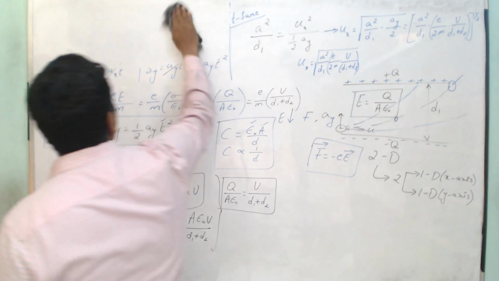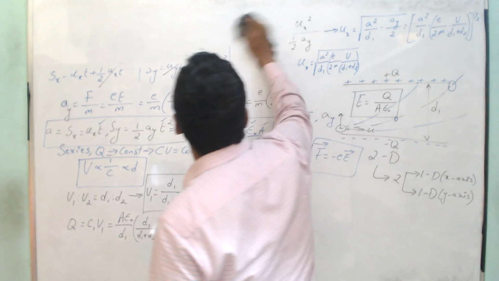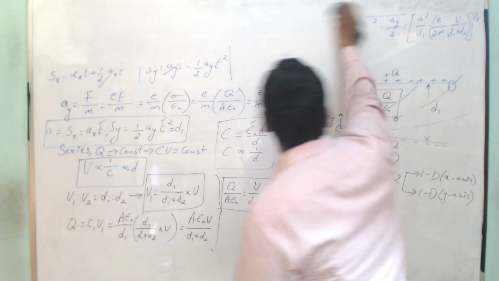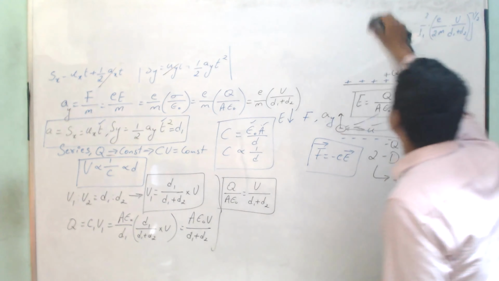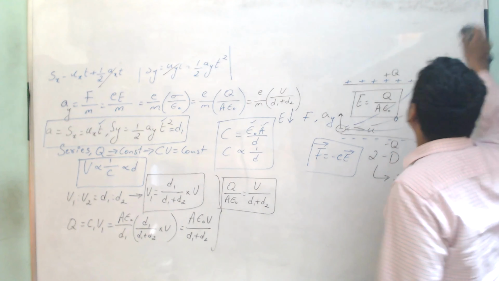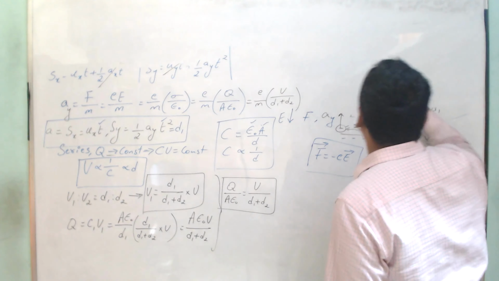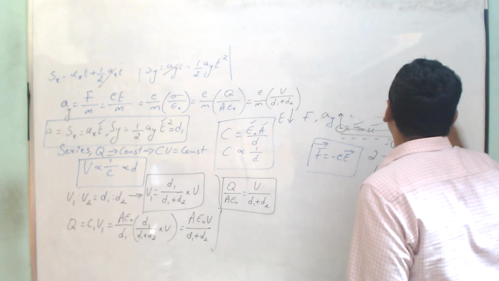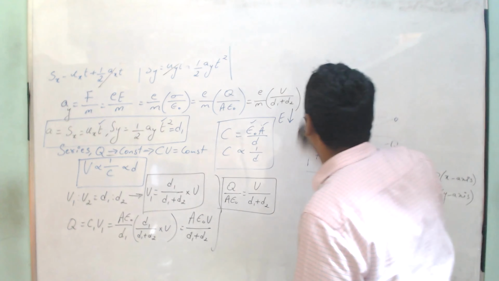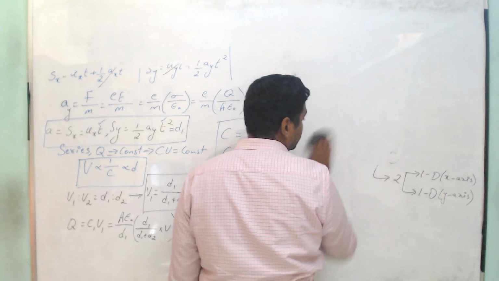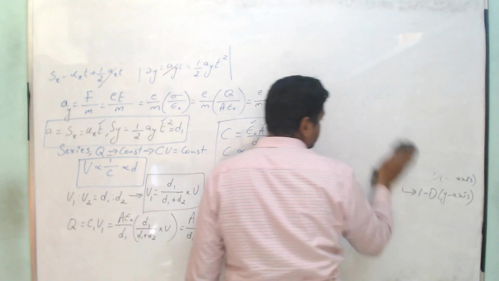But what we are telling is nothing but the distance between two capacitor plates. So what is the story he's saying? He's saying at some place an electron and proton are simultaneously released, correct? And it is observed that the electron and proton are reaching the opposite plates at the same time. Yes, sir.